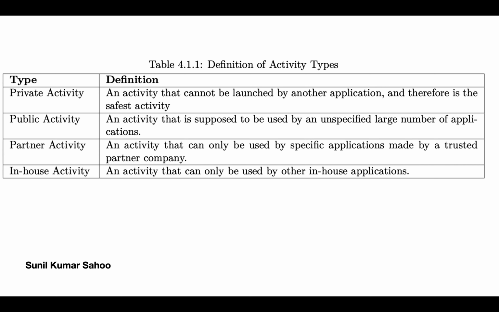Fourth one is in-house activity. In-house activity is an activity which can be used only by in-house applications, or we can say applications with the same signing certificate or from the same organization.